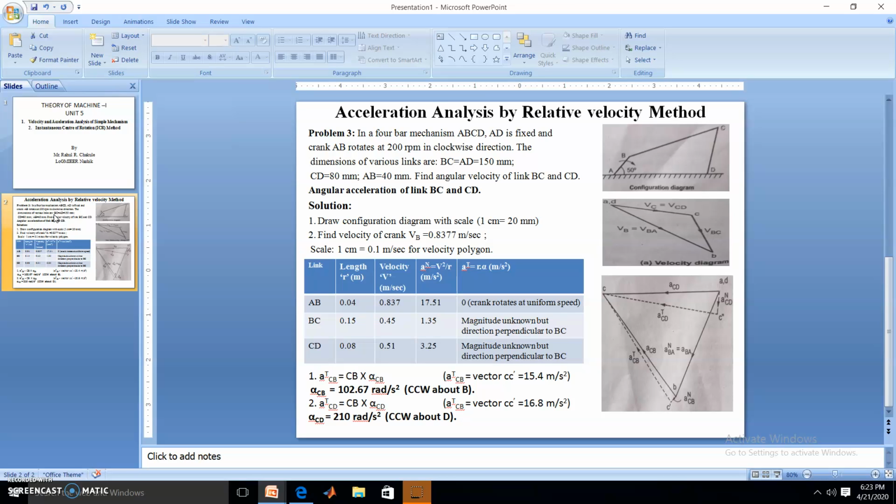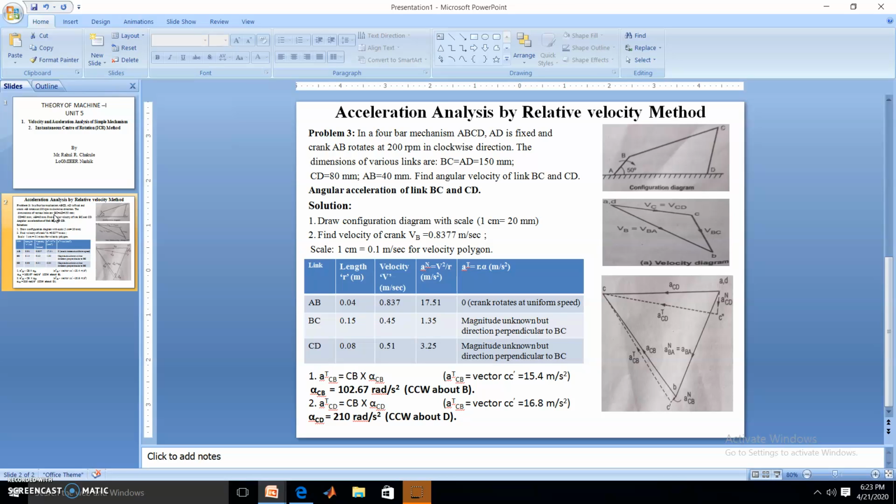First of all, you draw the configuration diagram as per the scale. So whatever the sketch or whatever the mechanism is given, you redraw the same mechanism with the help of scale, and that is called configuration diagram. In other words, it is the space diagram. So again, keep in mind the minimum and maximum length of the link.